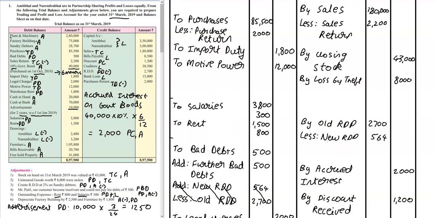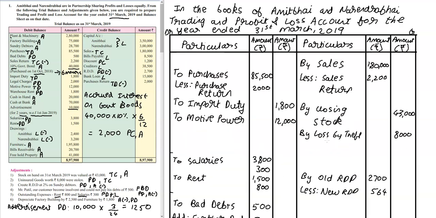Now we can start finding outer column totals. So 85,500 minus 2,000 should give me 83,500. Similarly, 1,80,000 minus 2,200 should give me 1,77,800. 3,800, and remember this is outstanding, so I should have actually done add outstanding.